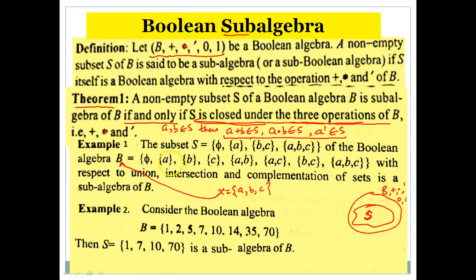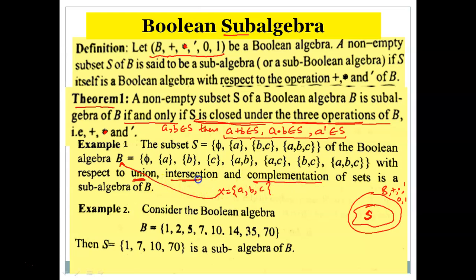And in our earlier lectures we have proved that the power set of any set forms a Boolean algebra with respect to the three operations: union, intersection, and complementation.